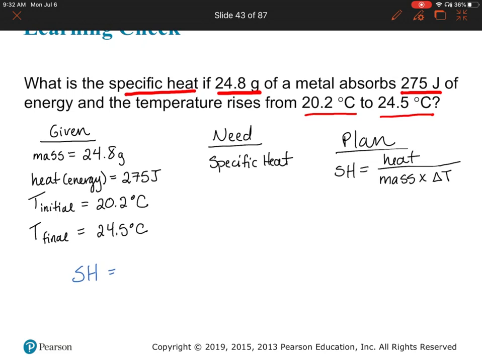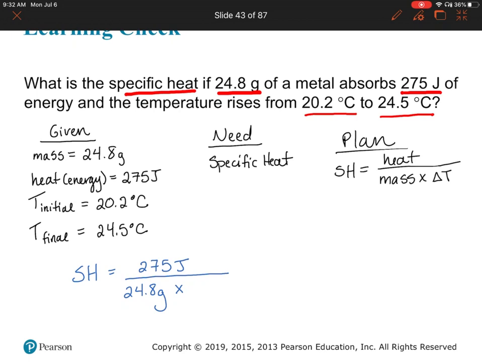So we have our heat, which is 275 joules. And then we're going to divide that by the mass, which is 24.8 grams. And then we're going to multiply by the change in temperature.